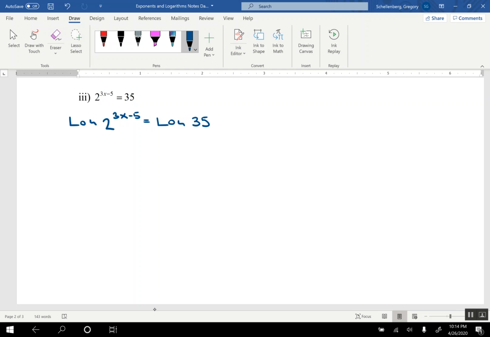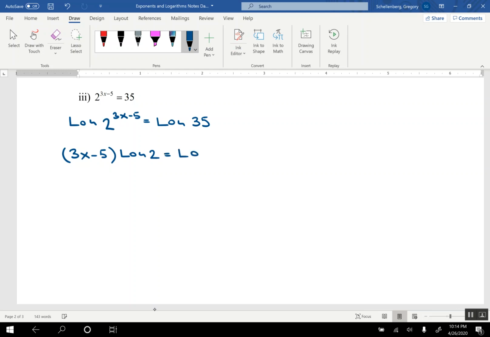Now, power law tells us that we can take that exponent, we can move it out in front of the logarithm as a coefficient. Two terms in that exponent, so I'm going to make sure when I do bring this out in front that I contain both of those terms in brackets so that I know that they are both the coefficient of the log of 2, meaning we're multiplying both terms by the log of 2.